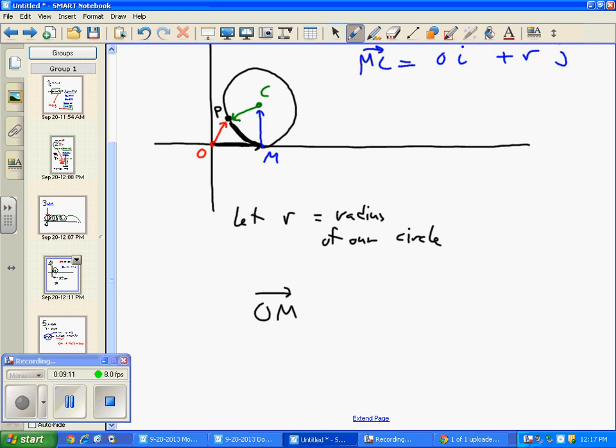Arc PM, that distance along the circumference, has to equal the length of OM. That's the section of the circumference that we've traced out along as this wheel has rolled. Now we're going to assume this wheel doesn't slip at all as it rolls. That's the case. Okay? So we know that then.